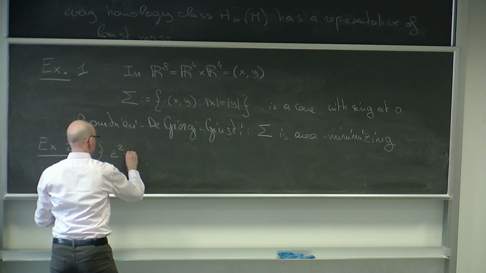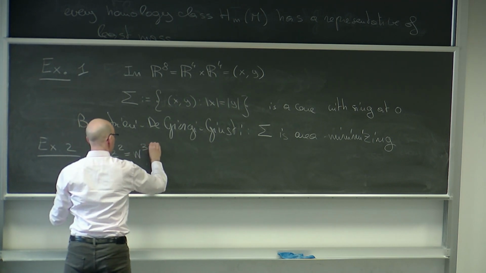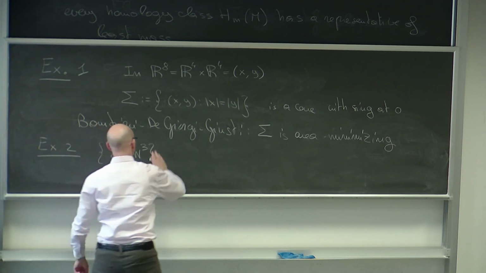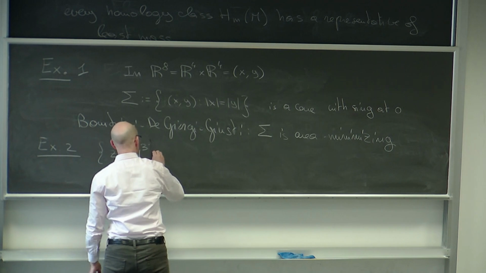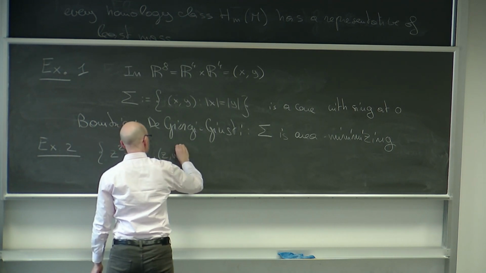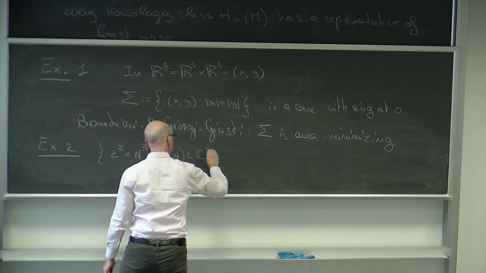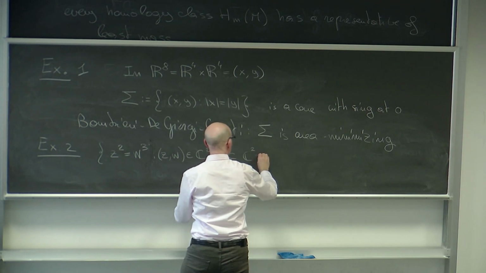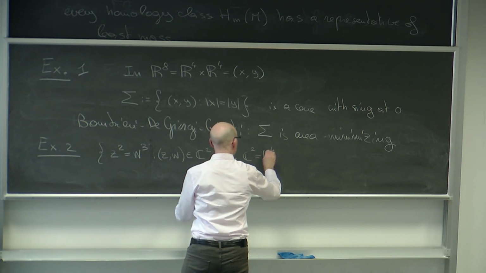So let us look at the following algebraic curve. Here Z and W are complex variables. This sits inside C2, which I'm going to regard as R4.